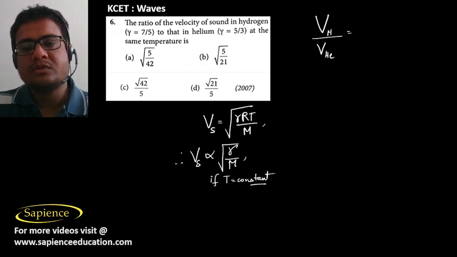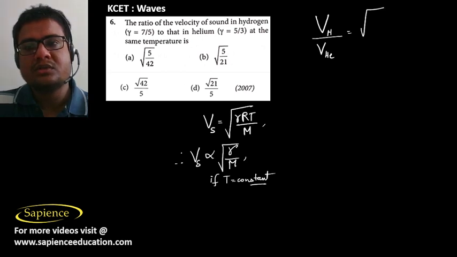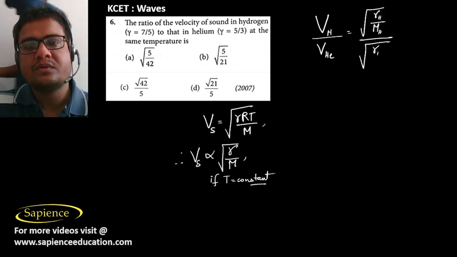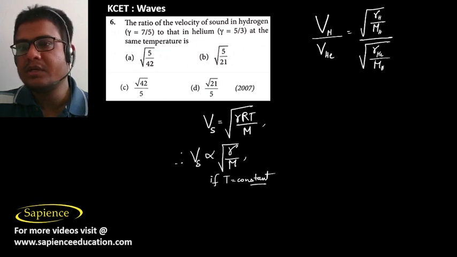So it means the velocity of hydrogen to that of helium is root over γ of hydrogen by molar mass of hydrogen, divided by root over γ of helium divided by molar mass of helium.